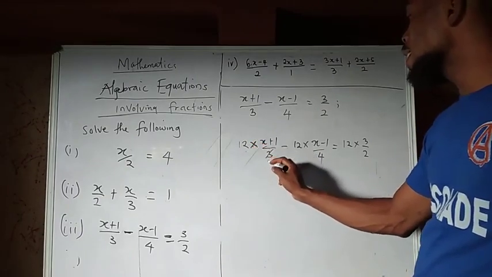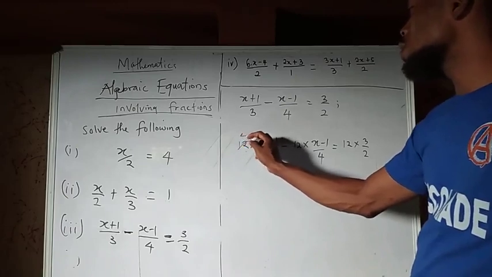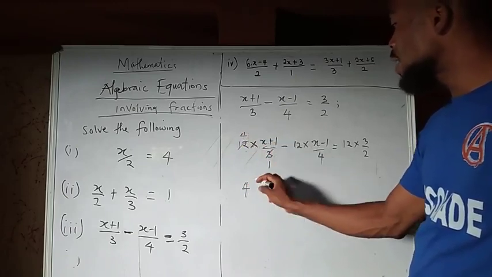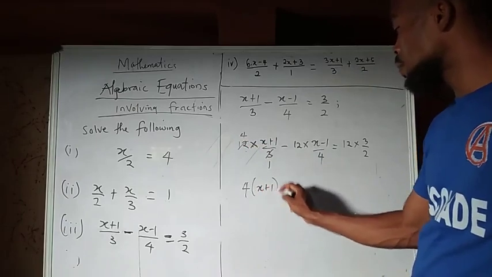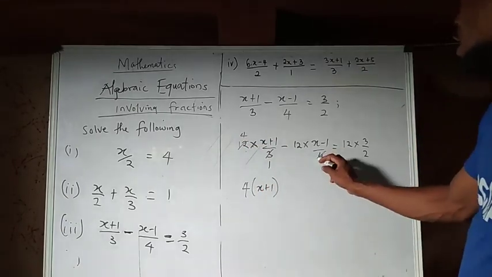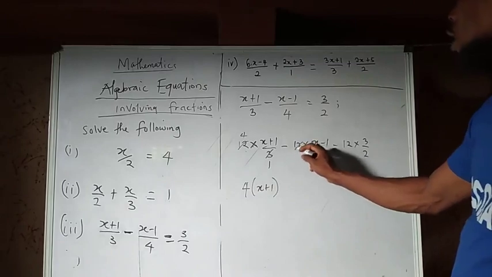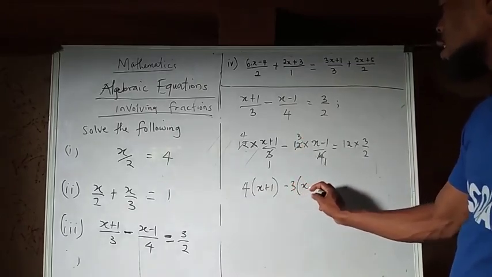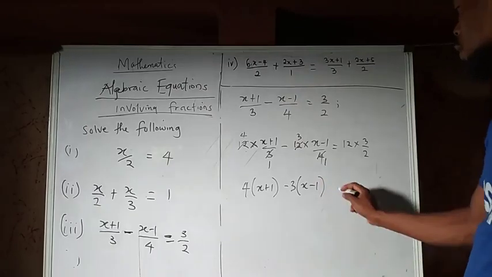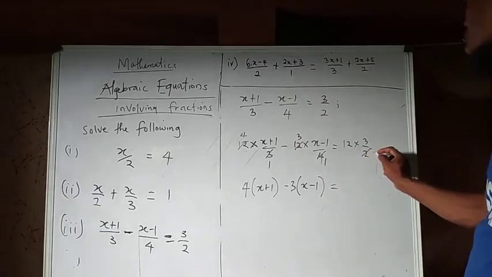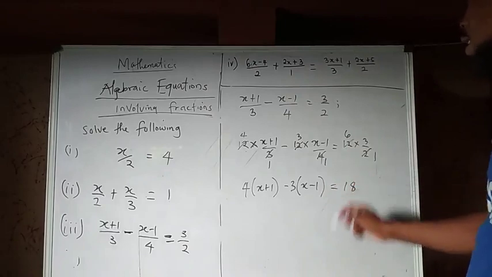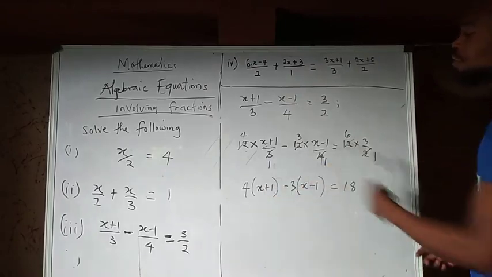So 3 into 12 is 4. So we are left with 4 multiplying x plus 1. Then 4 into 12 is 3, so we are left with minus 3 multiplying x minus 1. Then here, 2 into 12 is 6, and 6 times 3 is 18. So you see we have cleared the fraction.